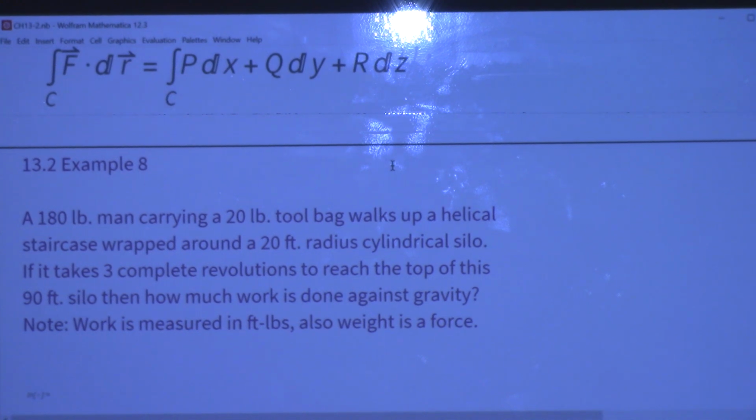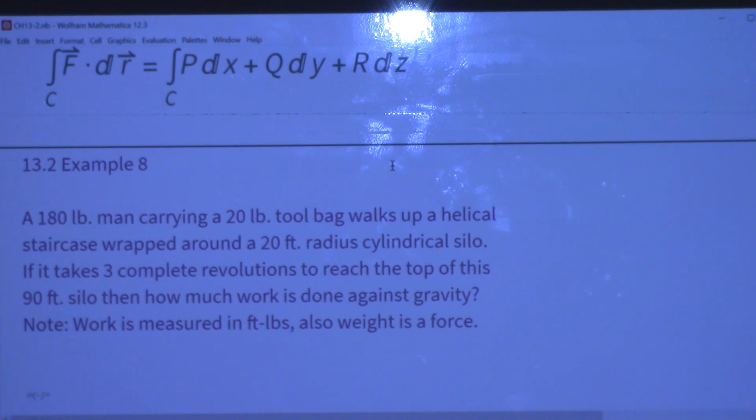All right? So this r of t is a vector function that draws a curve in space. And then we dot that with what? Anyone remember? The derivative of r of t, r prime of t, dt.